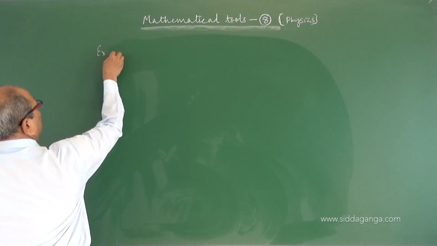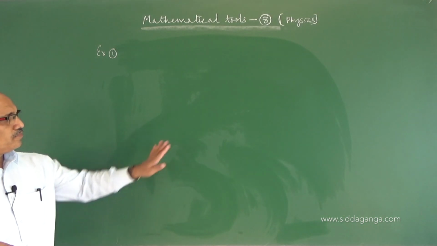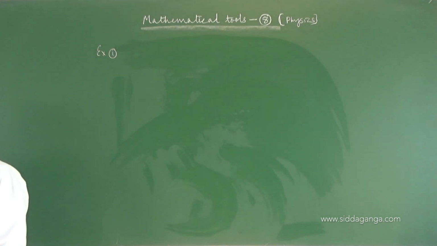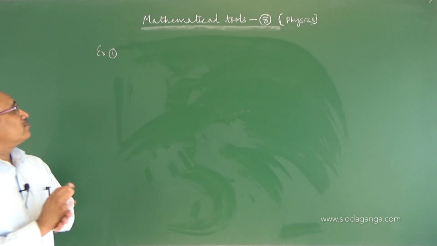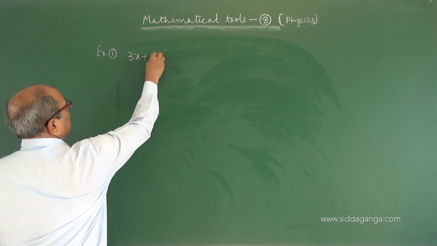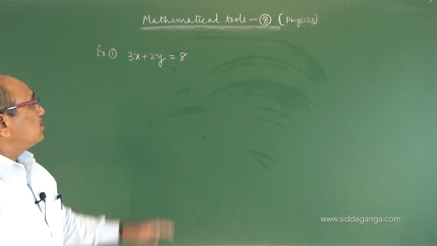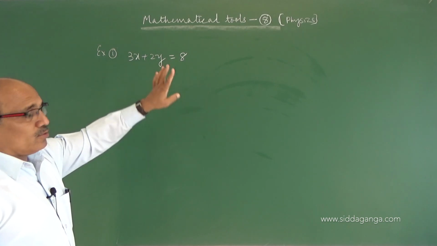Let us take example 1: 3x plus 2y equal to 8, of the form ax plus by equal to c.